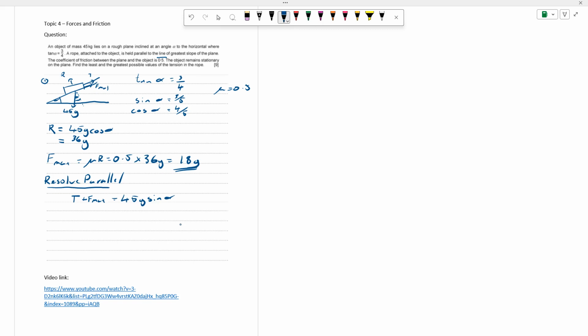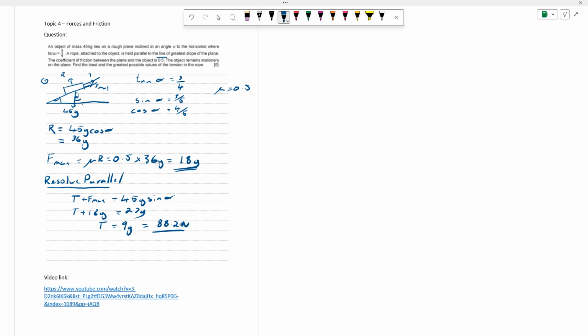Now I know that friction is 18g, so I've got T plus 18g equals, and again I'm going to use my 3/5 over here, 27g. So T would be 9g, which is 88.2 newtons. So that's the smallest it could have been.